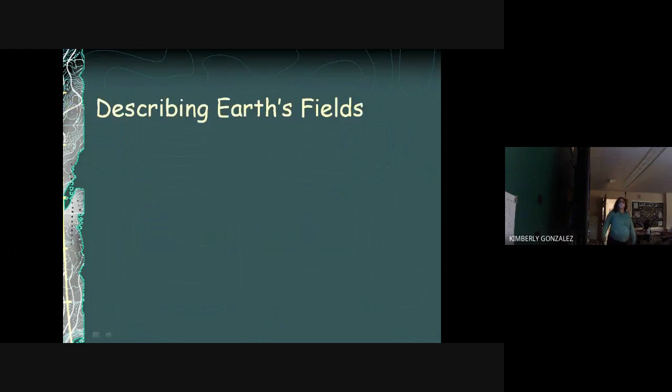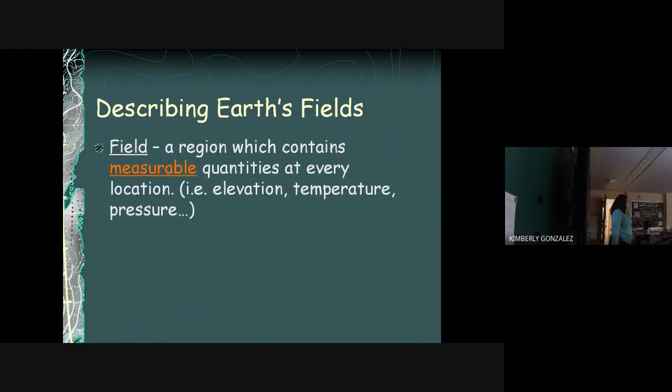So let's start with a field. The field is the general location where you can measure a specific thing. It's the area that contains measurable quantities.